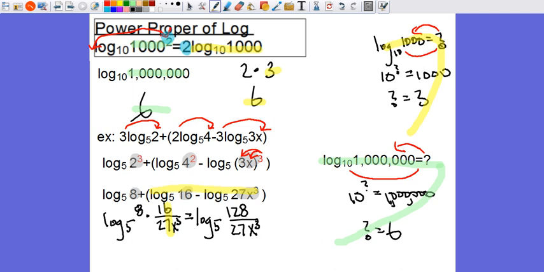Now, in this case, you're pretty much done. Sometimes what you can do is simplify this further, just reducing a fraction. So let's say if it was a big fat 9 over 27, then you can reduce it to 1 over 3. But in this case, you cannot.